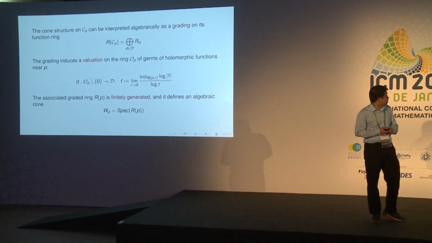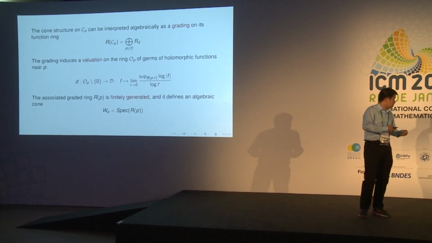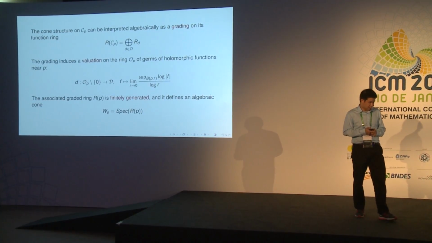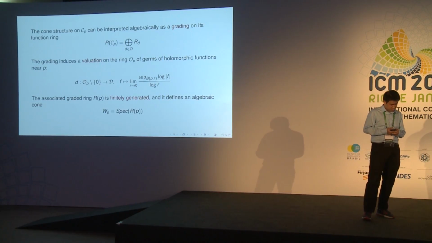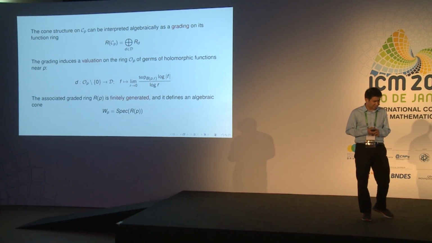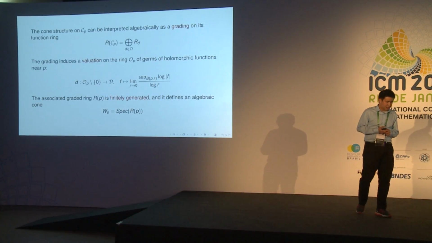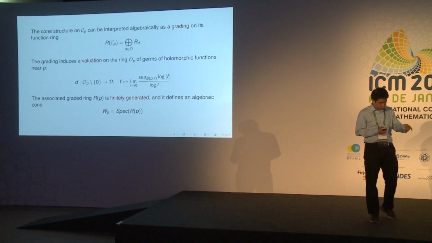And the graded pieces of this will give you a graded ring. And the key point is that one can prove this graded ring is finitely generated. And it defines an algebraic cone, which we call W_P.